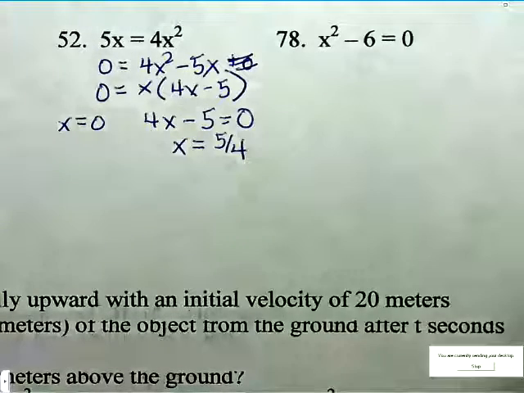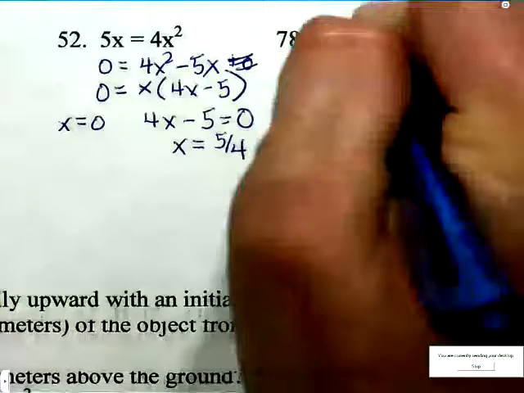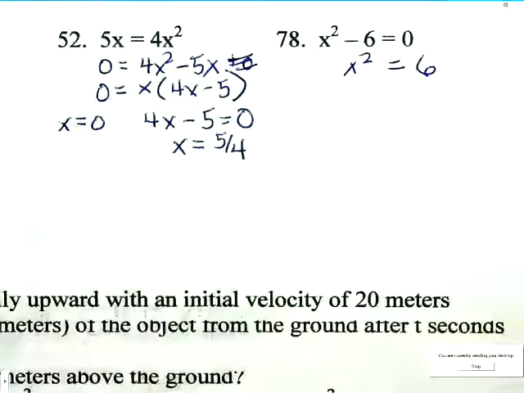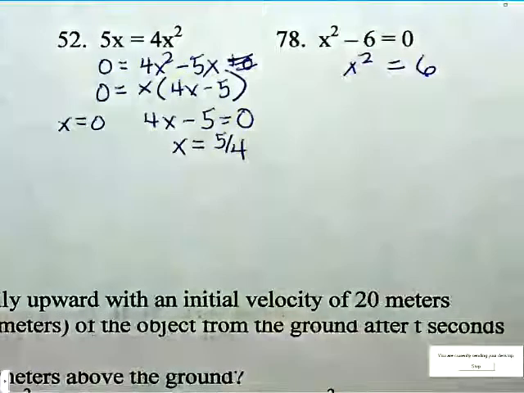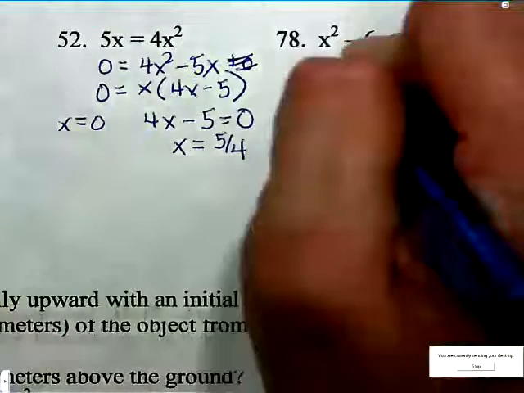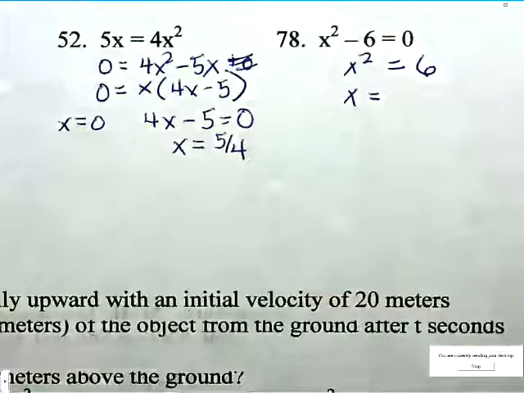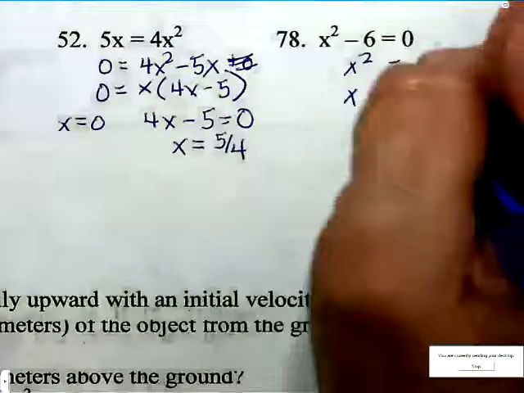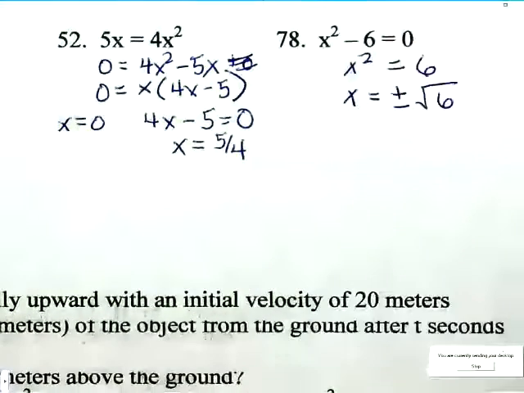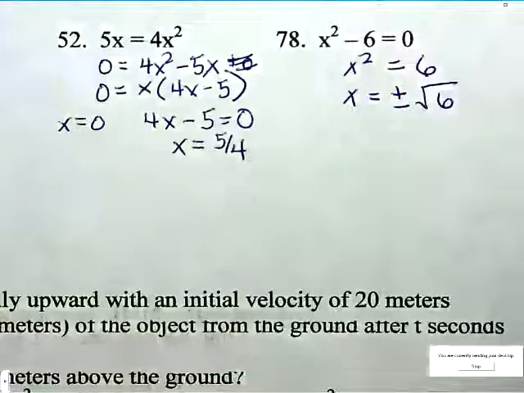You just need the square term on one side and the constant on the other. And then when you take the square root of both sides, bells and whistles go off to remind you, don't forget the positive and negative square root of 6. There are 2 answers. You wouldn't write that as x.